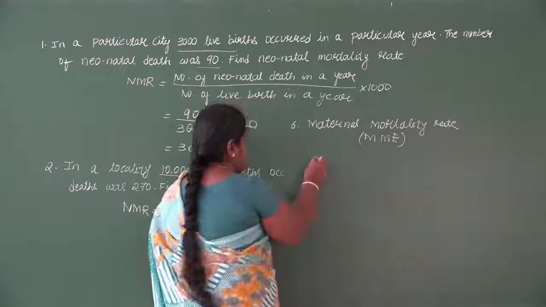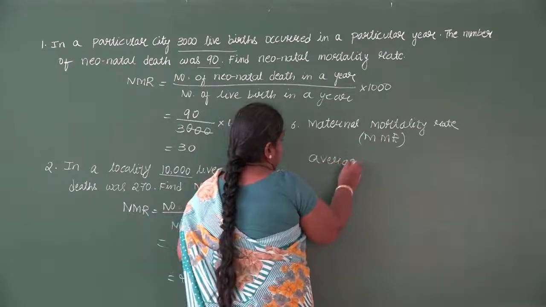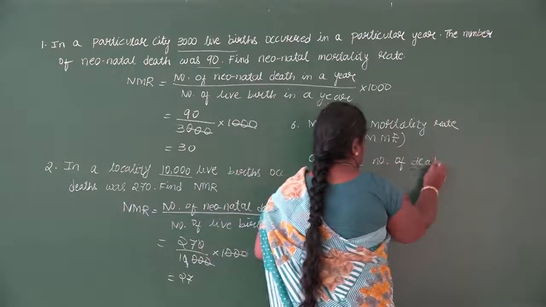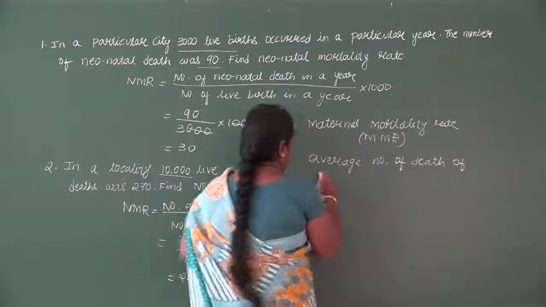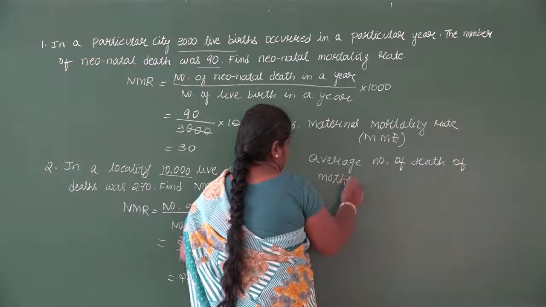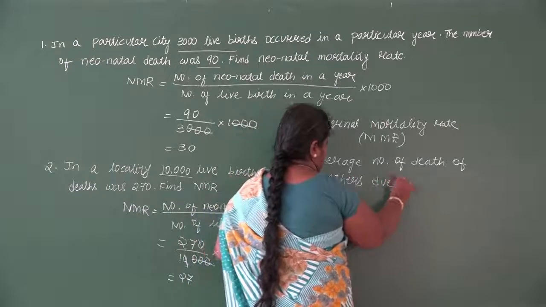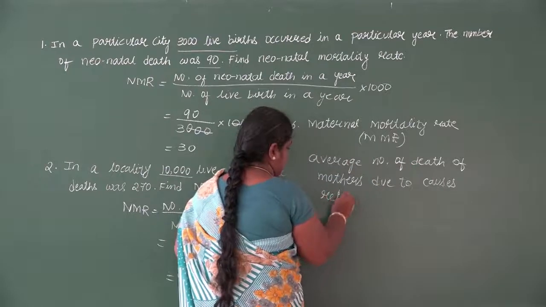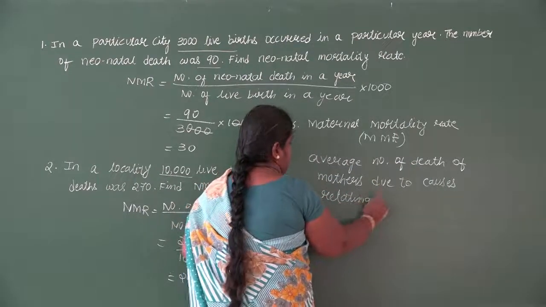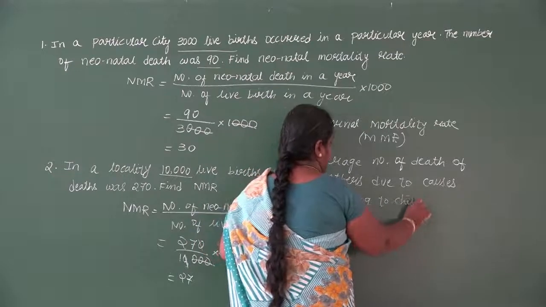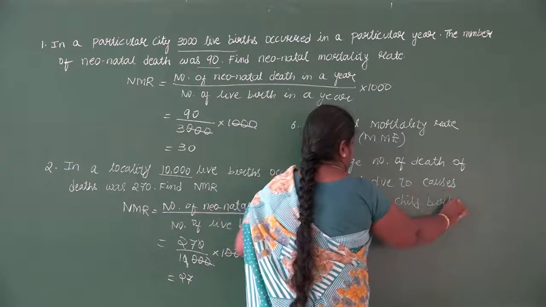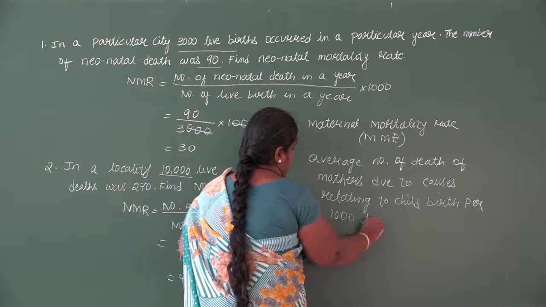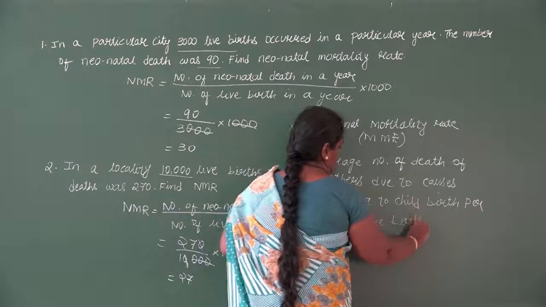So MMR is the average number of deaths of mothers due to causes relating to childbirth per live births in a year.